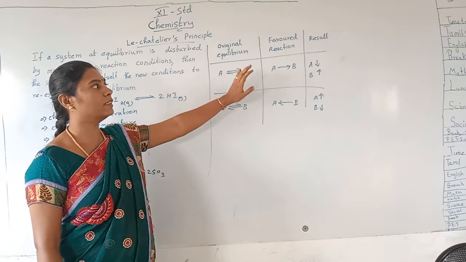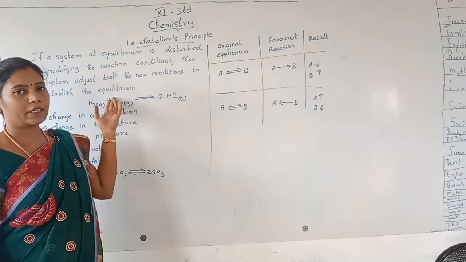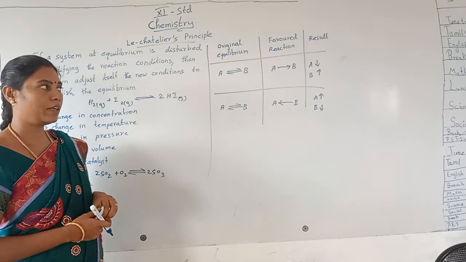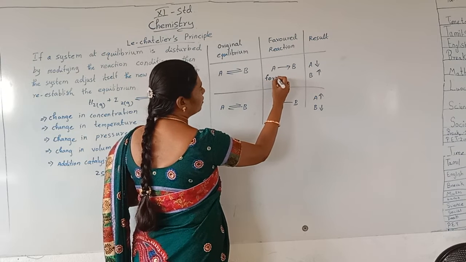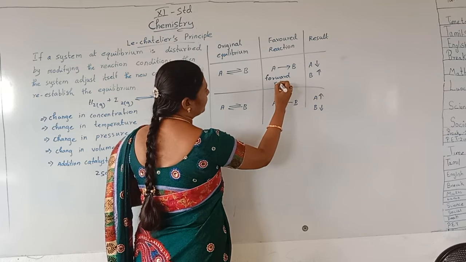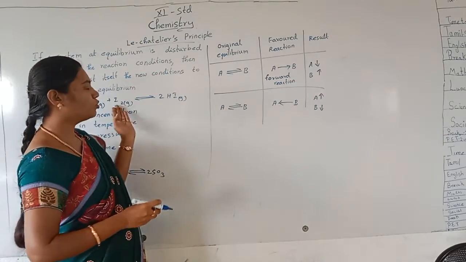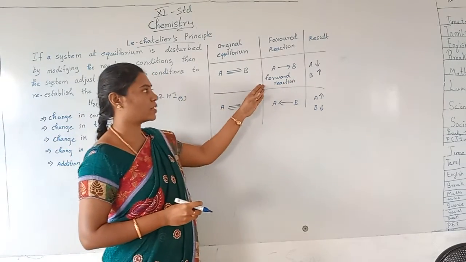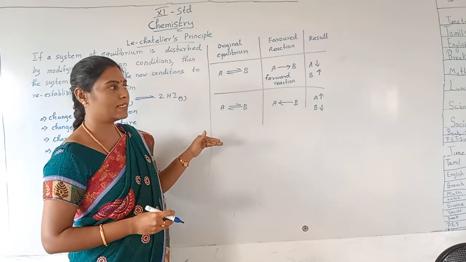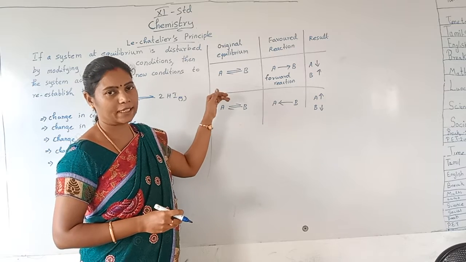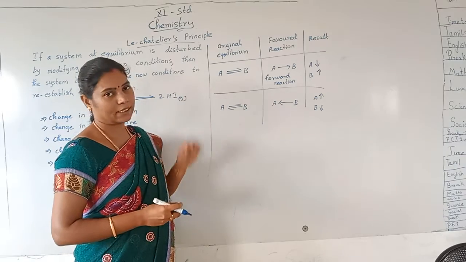So in the original equilibrium reaction, there is the favored reaction. Reactant to product is the forward reaction. In the forward reaction, the reactant value decreases and the product value increases.